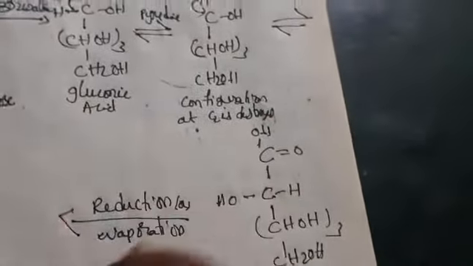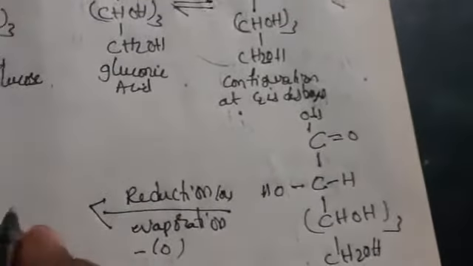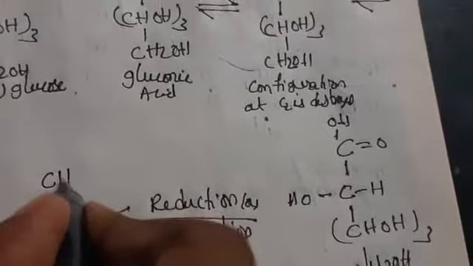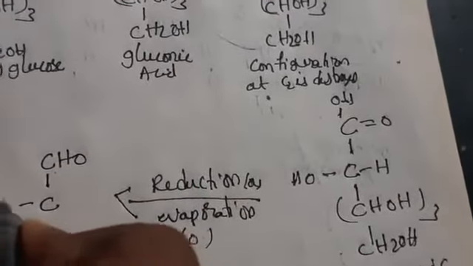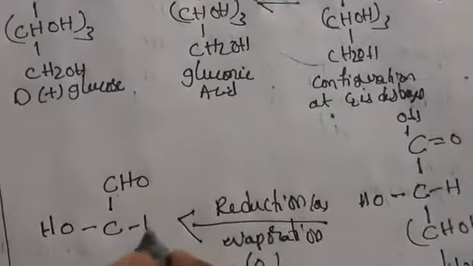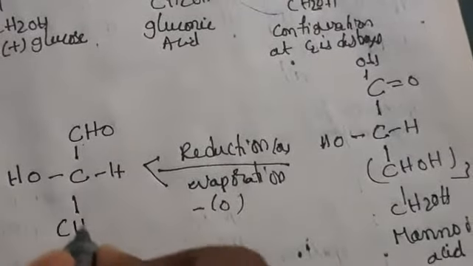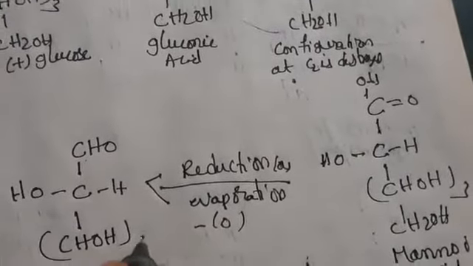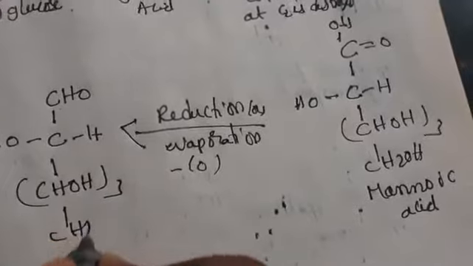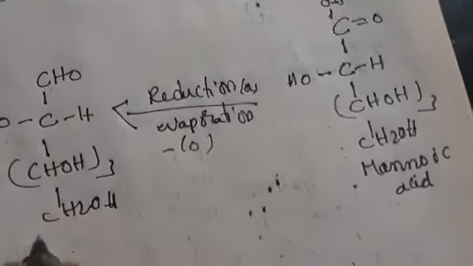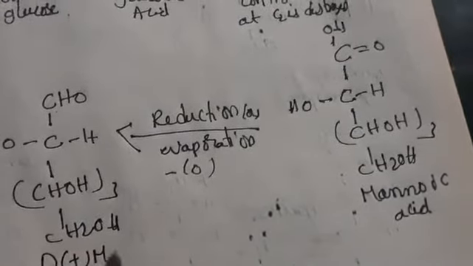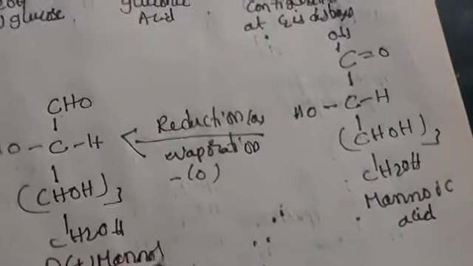So we are removing oxygen here. What are we getting? CHO, CHOH, H, CHOH twice, CH2OH. So this is mannose. See here, glucose is converted to mannose.